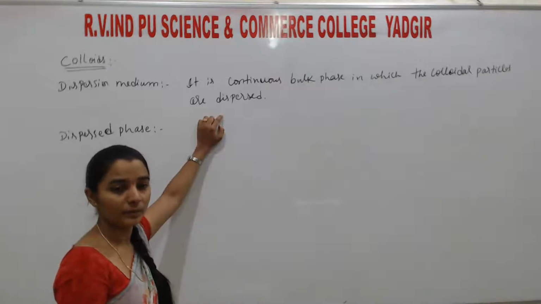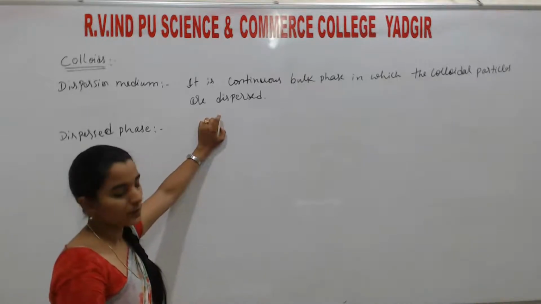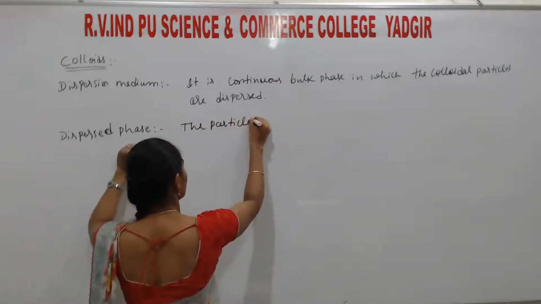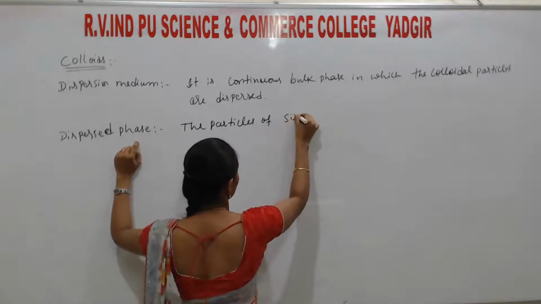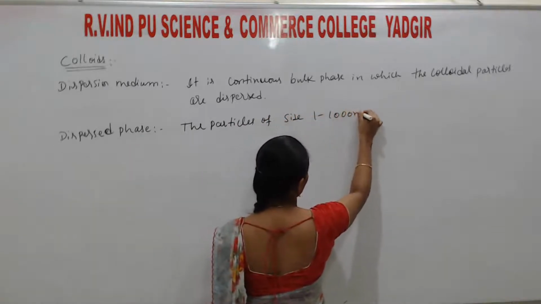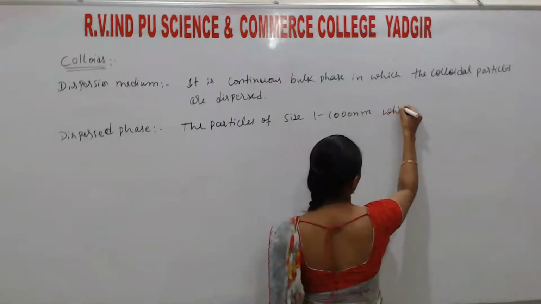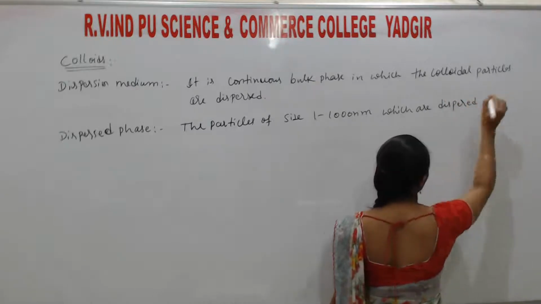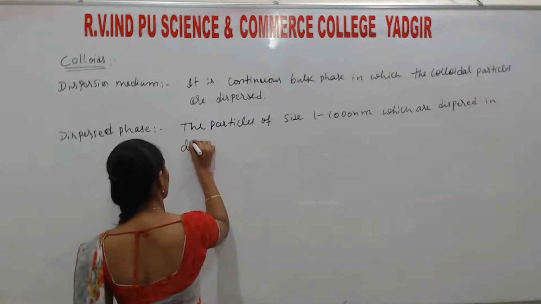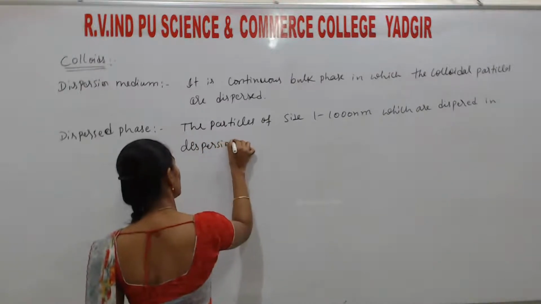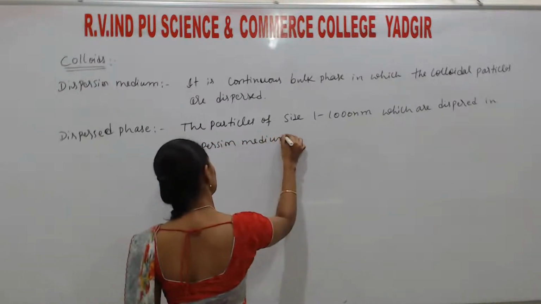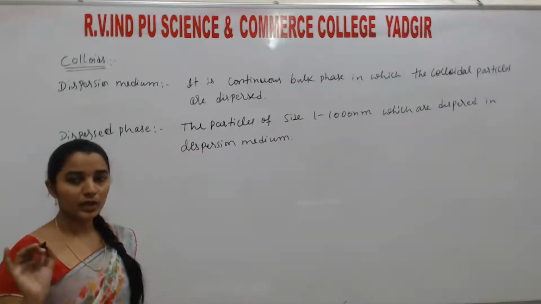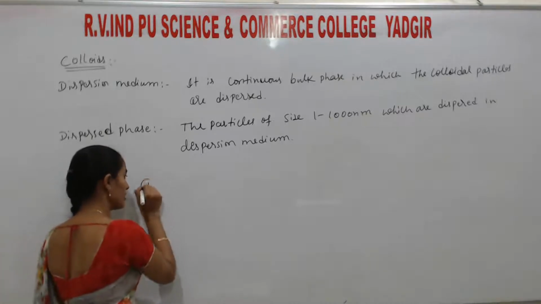It is a medium. Later I will explain. Dispersed phase means the particles of size 1 to 1000 nanometer, which are dispersed in the dispersion medium. Okay, so listen, I will give you an example here.